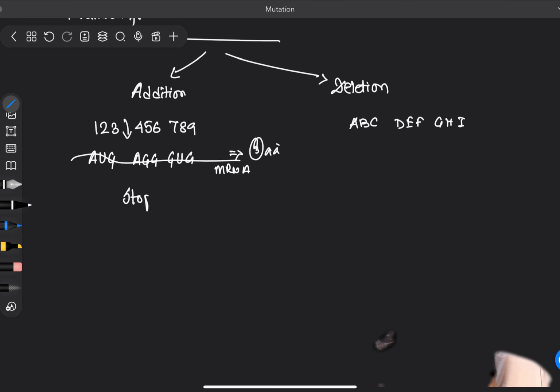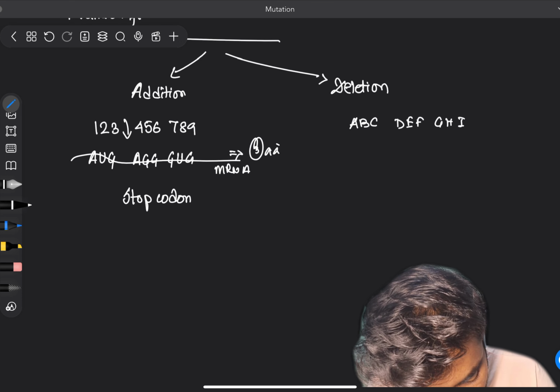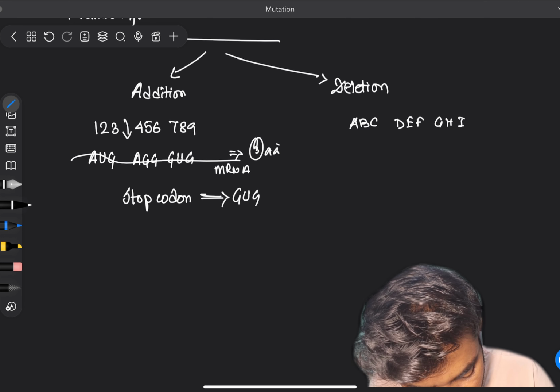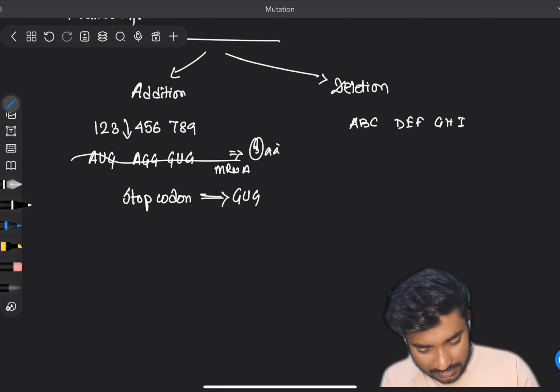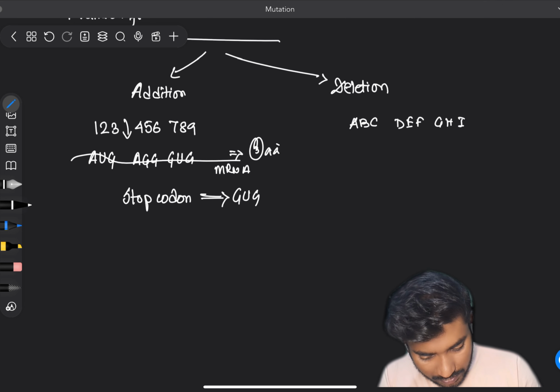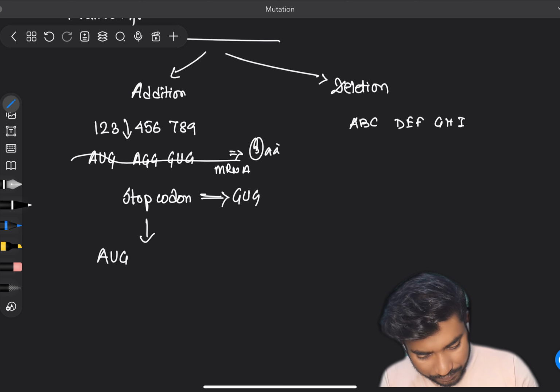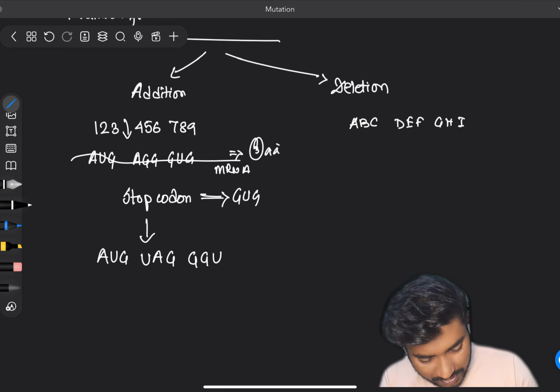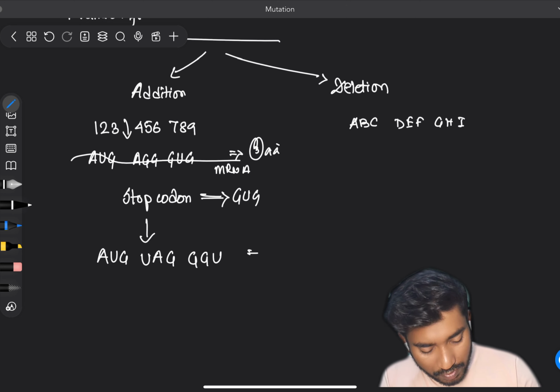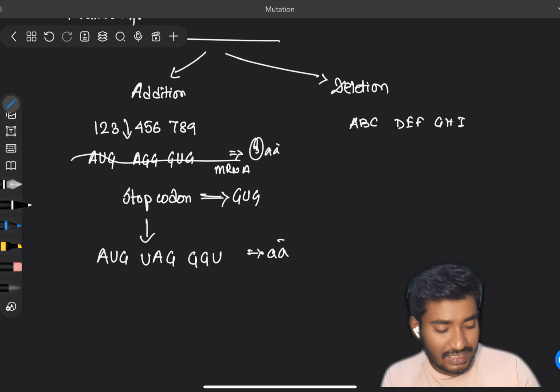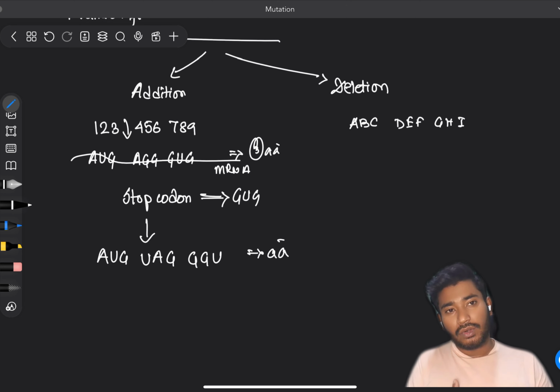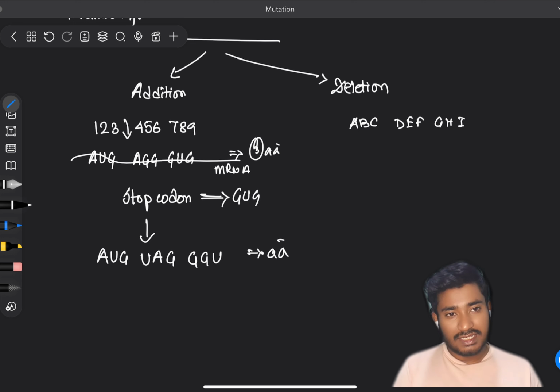The stop codon is GUG. Now it is being mutated: AUG remains the same, while AGG mutates to UAG and the last one mutates to GGU. The codon is changed, thus the amino acid will get changed.